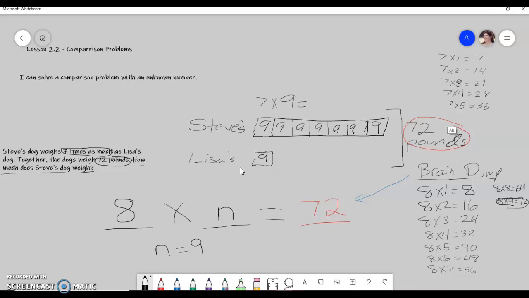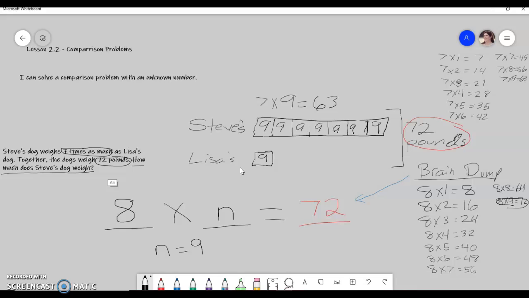Now, I know that brain dumps seem like a lot of work, but it actually is going to help you with learning your multiplication tables as well. So 7 times 6, 42. 7 times 7, 49. 7 times 8 is 56. And 7 times 9 is 63.